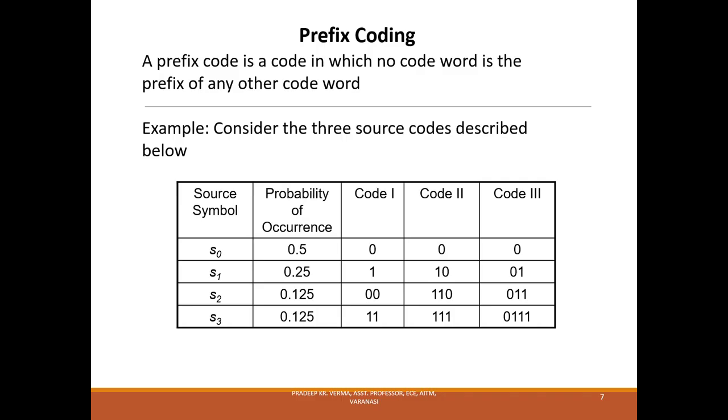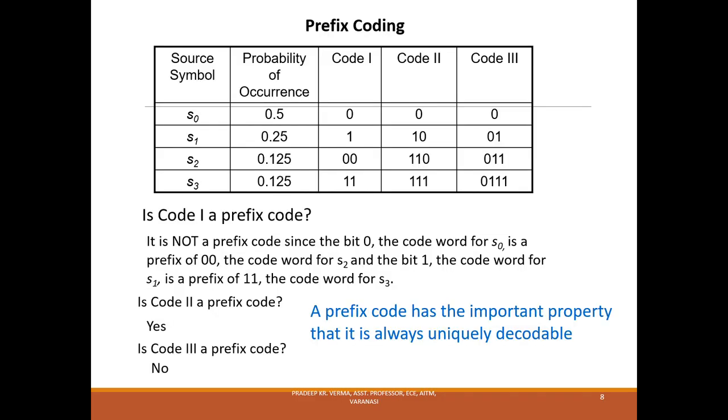There are three codes regarding these symbols: code 1, code 2, code 3. Next we have to analyze these codes and decide if these codes are prefix codes or not.